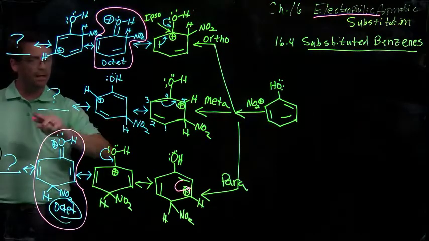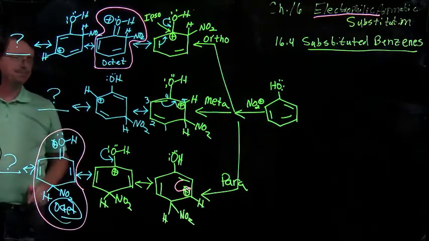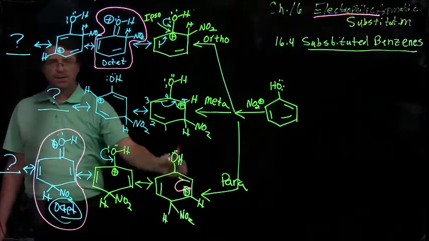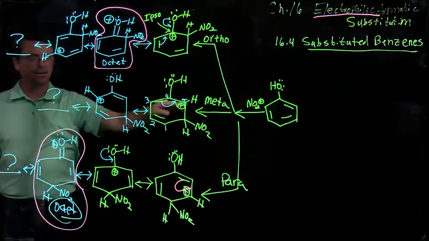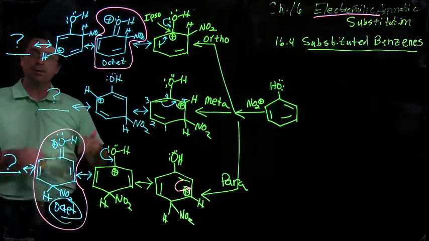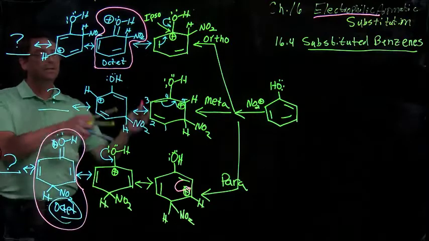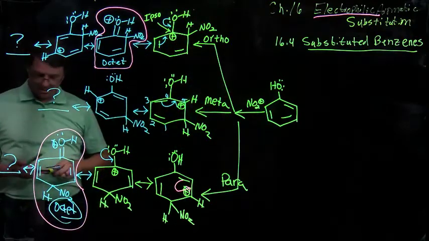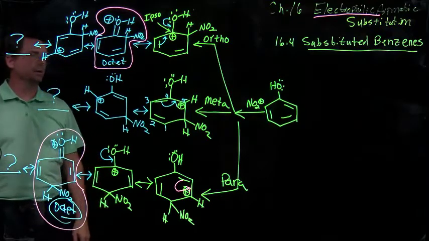And of course the meta, you only have 3. So again, these intermediates for ortho and para attack are especially stabilized. The activation barrier comes down. The rates of reaction can go faster because the barrier is lower. Remember kinetics versus thermodynamics. Kinetics, the rates of reaction, are dependent upon those activation barriers.